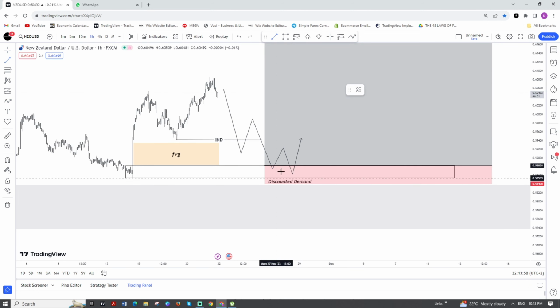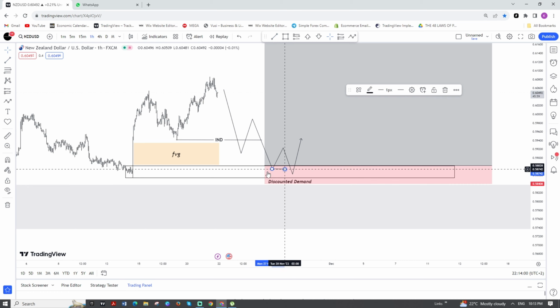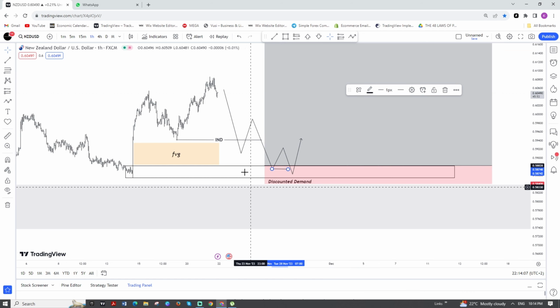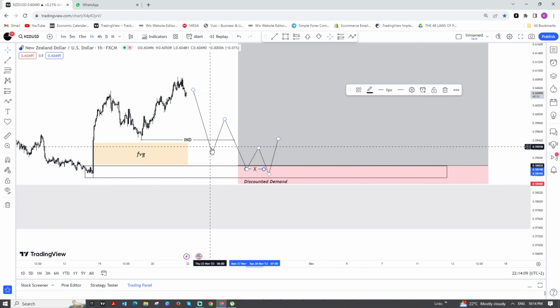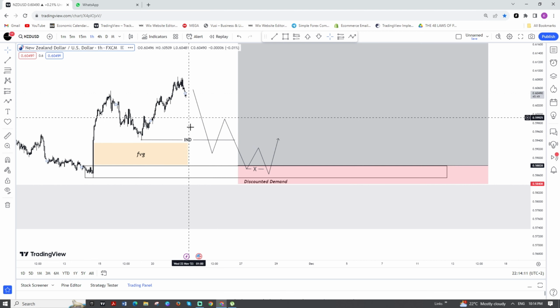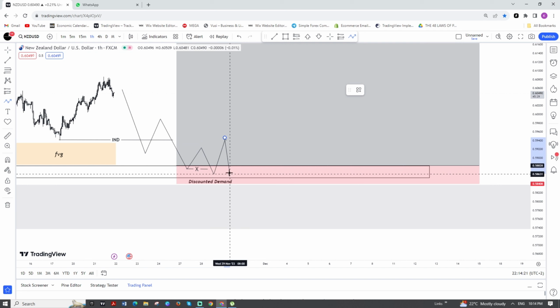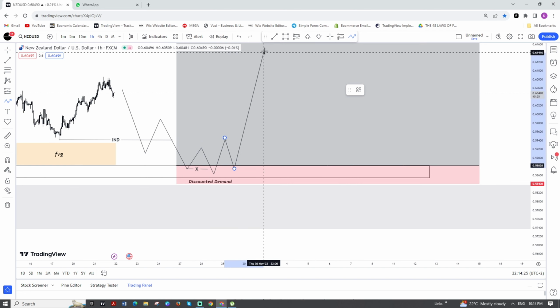I was shown this in the previous weeks. This is a sweep, right? Internal means it's inside the order block. After it sweeps and it breaks here, you can take your trades right here below that and then take it up.